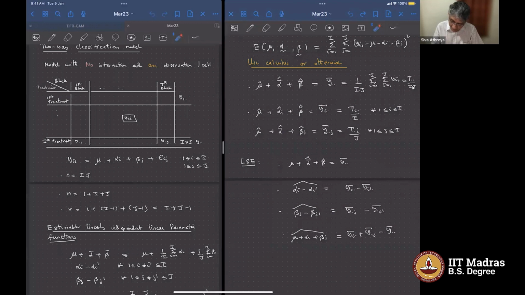You differentiate in mu, in alpha, in beta, you get the equations, and from that you get the least squares estimates. The first line gives you the answer you want. If you want the difference of alphas, you just subtract two of these, so you get y_i dot bar minus y_i prime dot bar. For beta_j, you do the same thing. And for the whole thing, you just sum the two means and subtract the total mean.